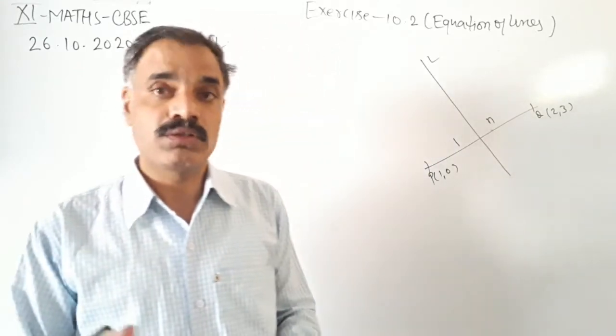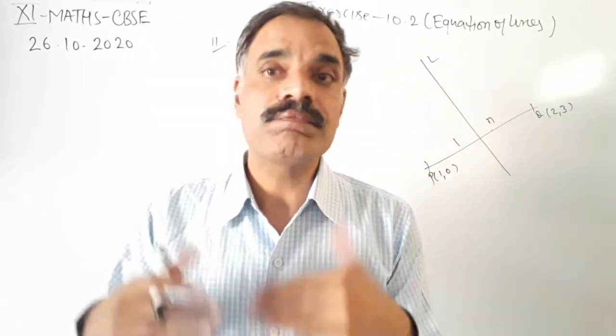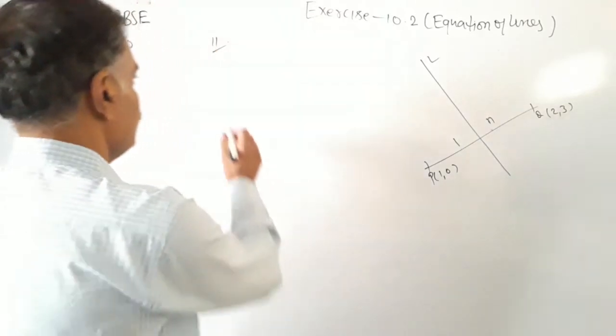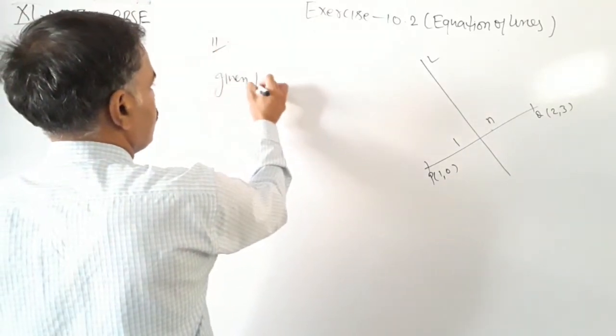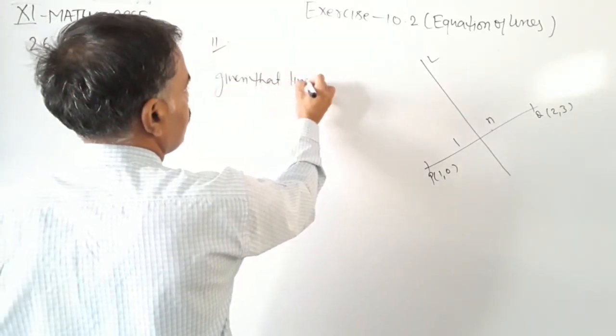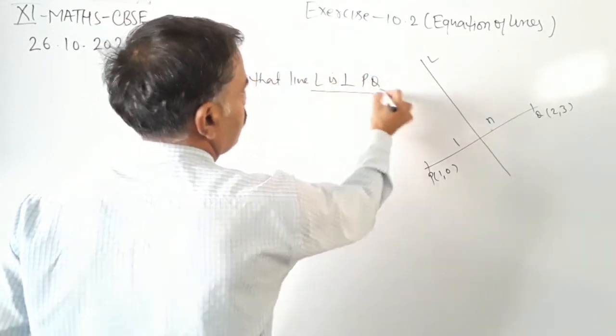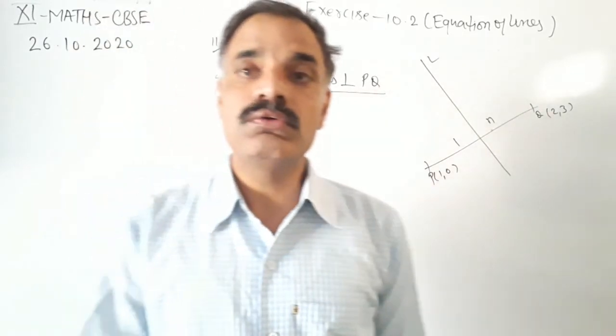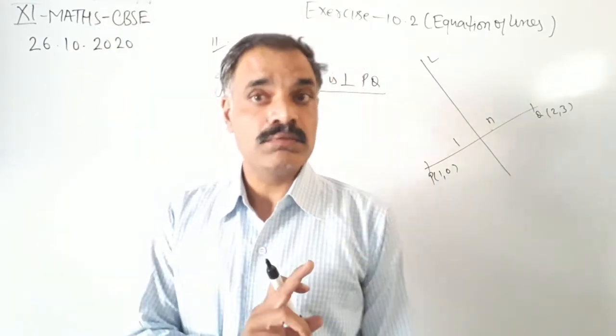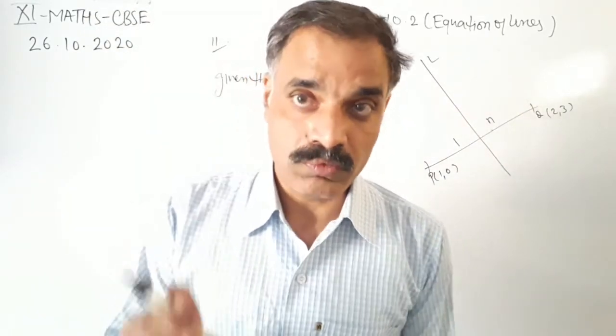So we can find the slope of line L using the perpendicular condition.